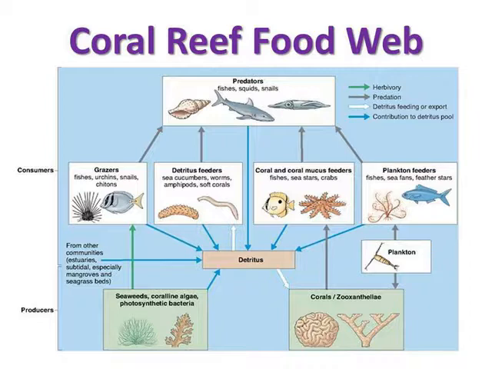They all will feed off of different types. Your grazers will feed off of the algae, whereas your plankton feeders will feed off of the plankton. Your coral and coral mucus feeders will feed off of the coral, and your detritus feeders will feed off of the detritus that everybody's creating.